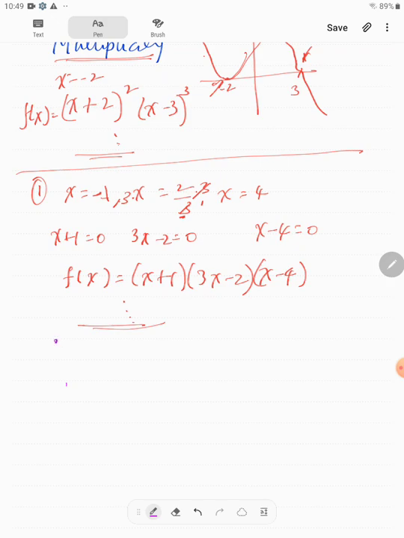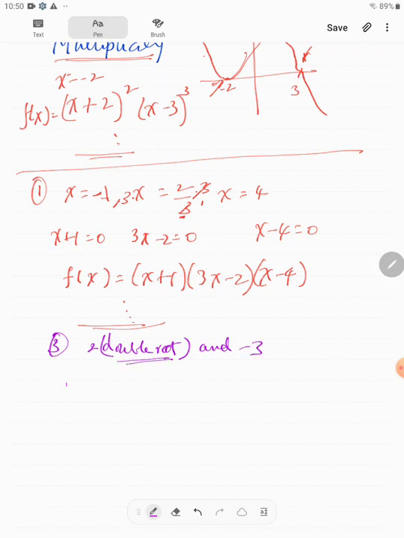So the third one, he says 2 is a double root, meaning it is multiplying itself 2 times, and there is a -3.